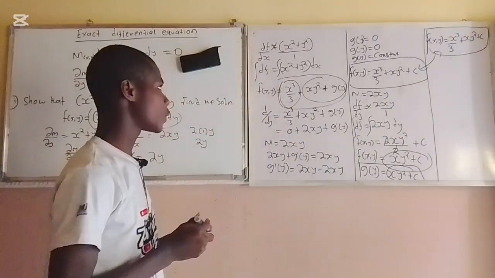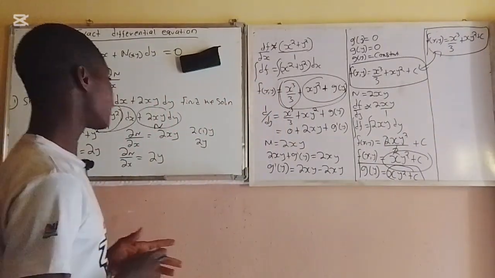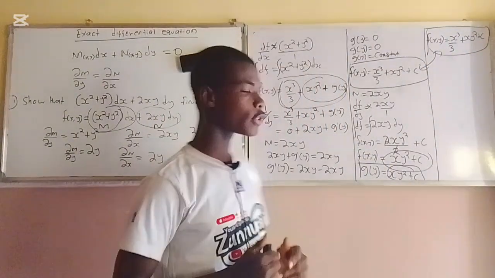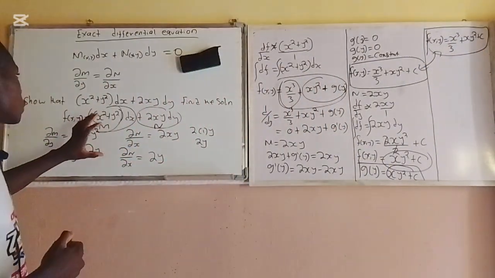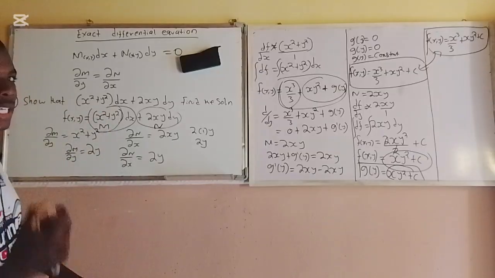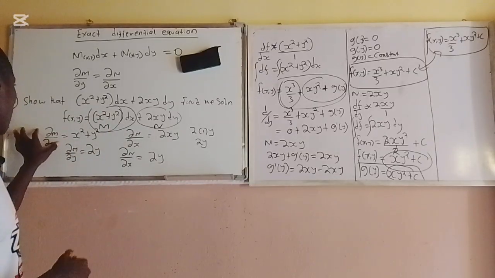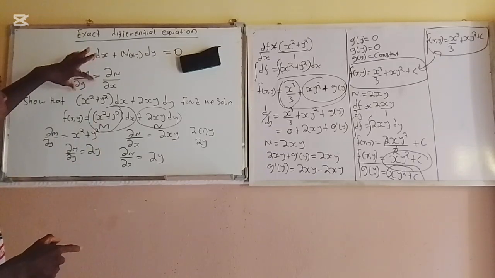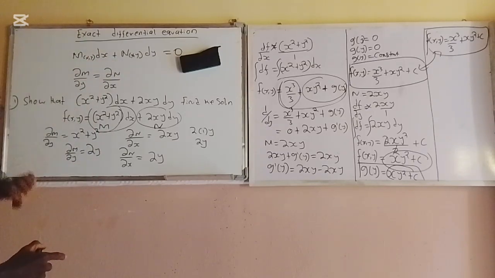So again, this is the same thing as this. Please don't be confused. If you are going to solve any kind of exact differential equation, the first thing that you are going to do, if you are going to show it is exact or not, you are going to use this. As I said, the partial derivative of m with respect to y with the partial derivative of n with respect to x.